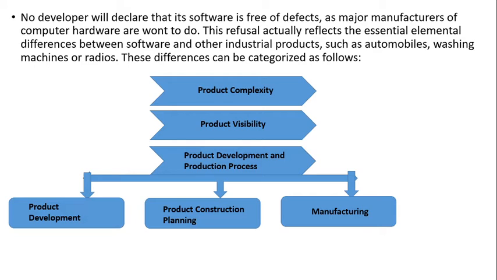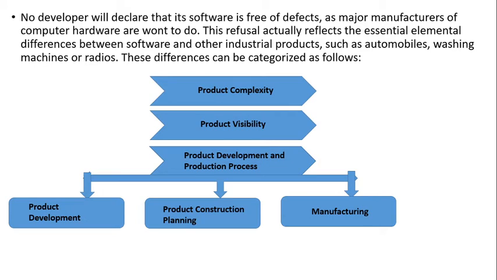Then the second one is product visibility. Product visibility: the other industrial products are visible. Each worker knows how to develop that particular machine or product. But in a software, each software engineer uses their brain, and according to each different view, each different coding section, they develop the software.